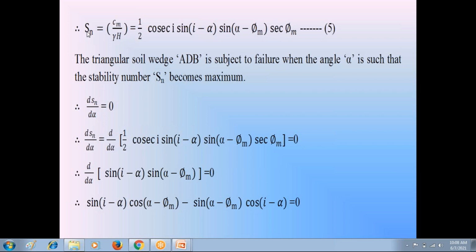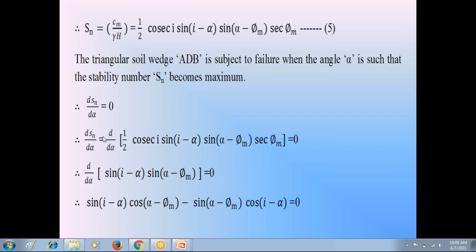So the stability number is maximum when dSn by d alpha equals 0. So for this maximum value of stability number, differentiate this equation 5 with alpha.